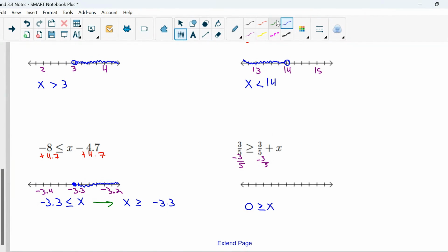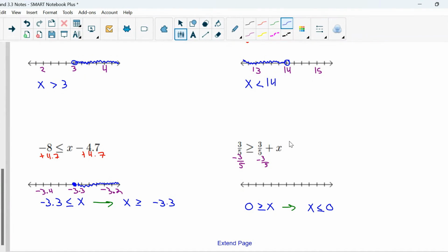All right, let's go ahead and rewrite this so our variable is on the left side, which would give us x is less than or equal to 0. Be super careful when rewriting so that your symbols are still facing the correct direction.